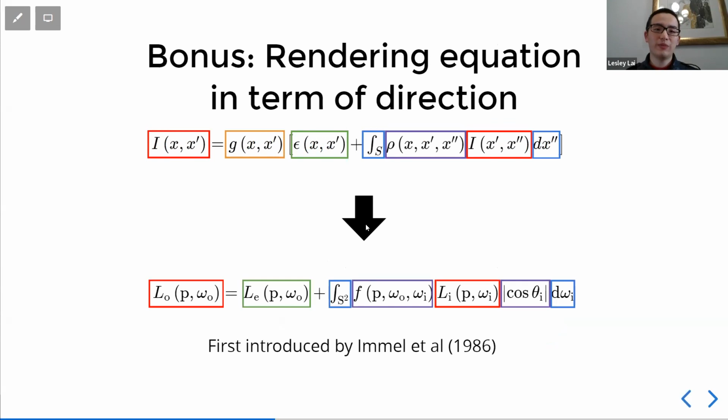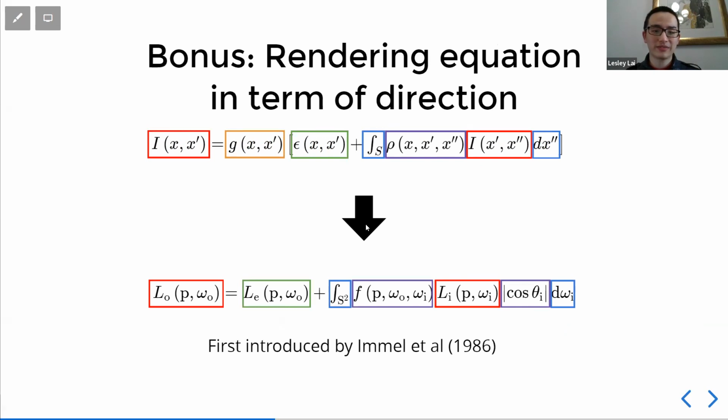Then the Kajiya paper starts to talk about the relationship between his rendering equation and the more traditional terms in terms of radiometry.